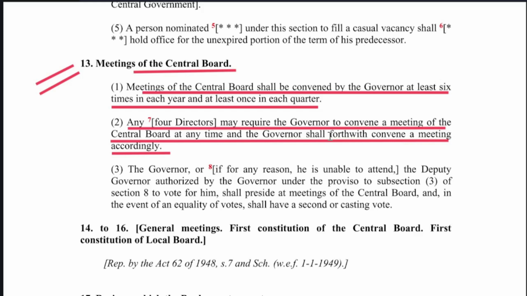If four directors are of the view that a meeting with respect to the discussion of a particular issue has to happen, then the governor would be convening a meeting of the central board.